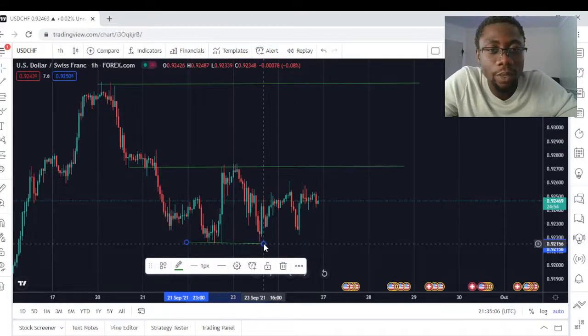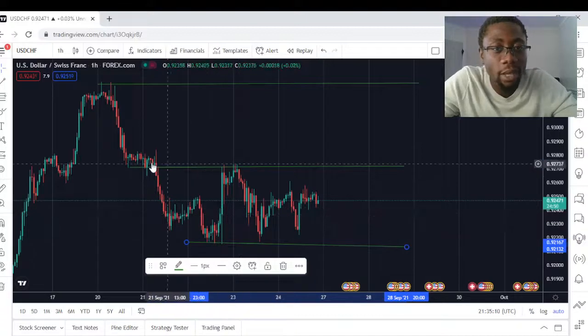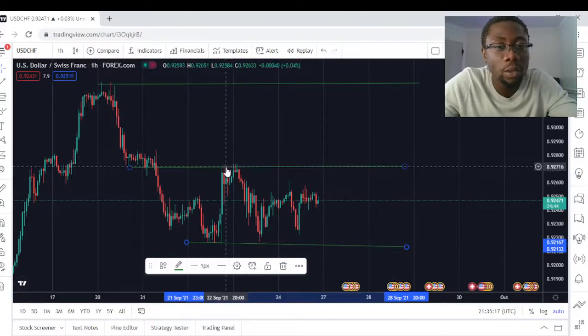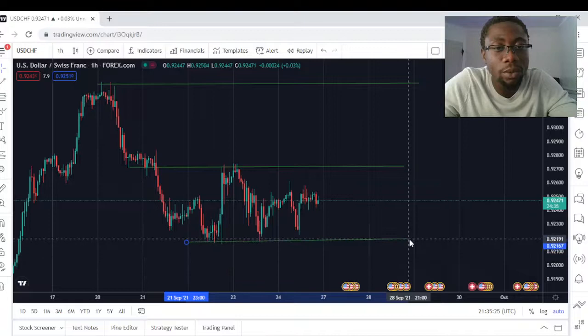So with this swing low, price reacted and came back up to test the swing low of the previous that hasn't been previously broken, and it reacted off that level to the downside and came back to what is now appearing to be a range.